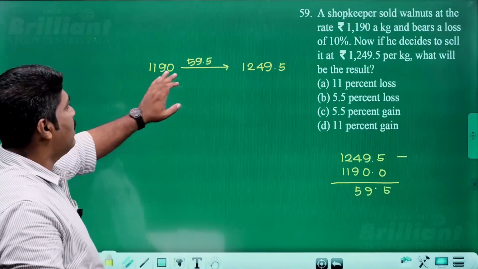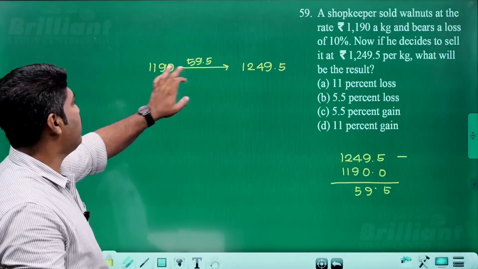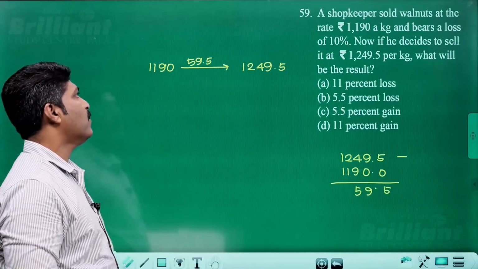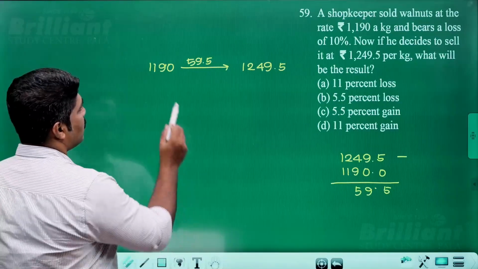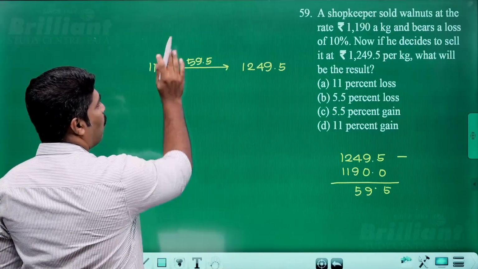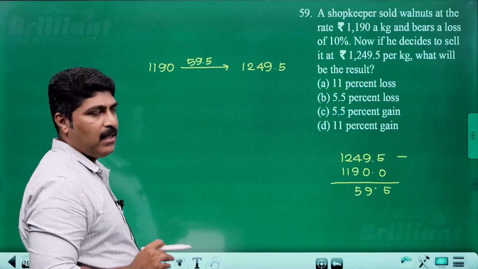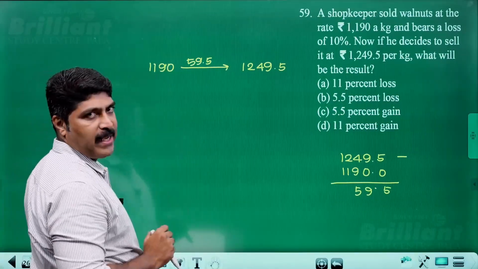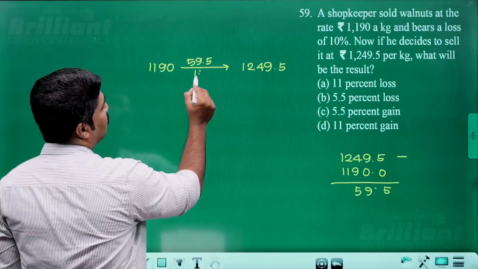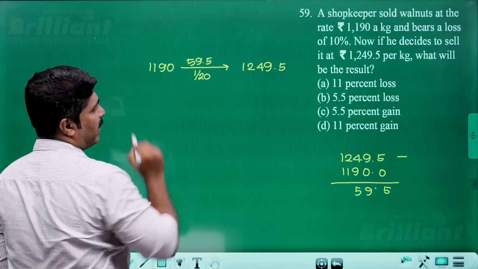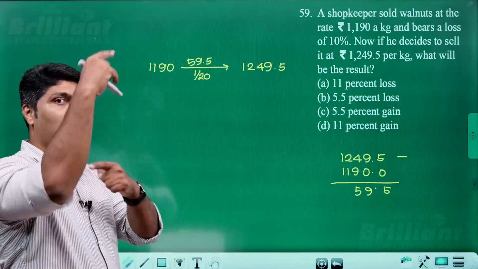So look here. Is there any relationship between this 1190 and 59.5? Have you got it? This is exactly 1 by 2 of 1 by 10. Sorry, 1190. So therefore we can write this is 1 by 20 of this value. That means 1 by 20 more.